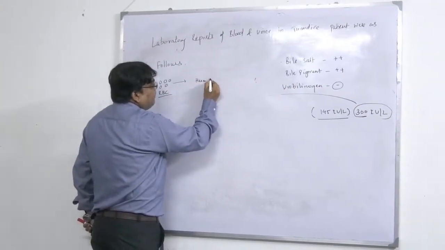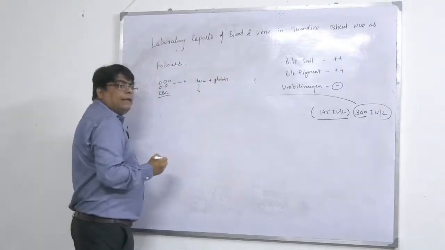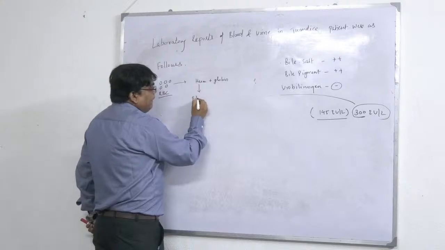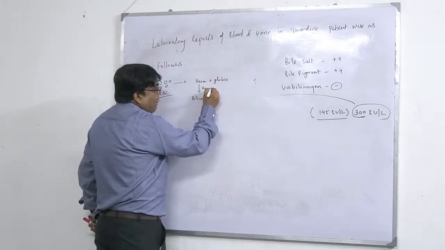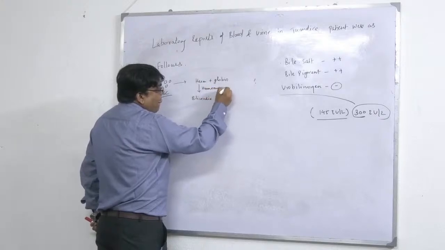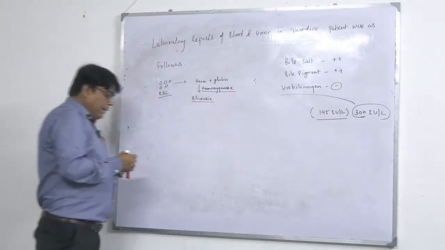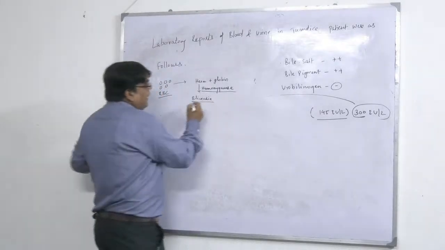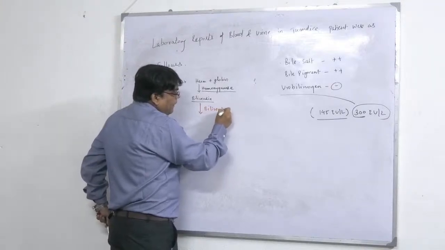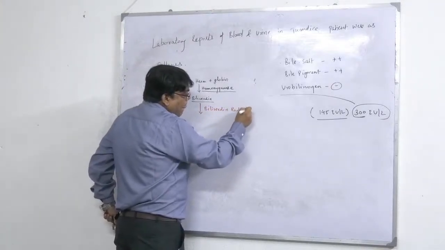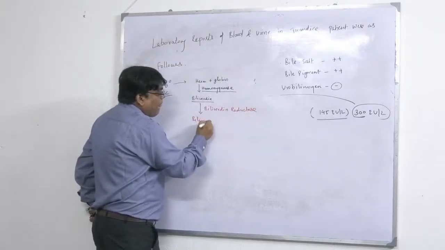The first is heme plus globin, and the heme is broken down into biliverdin by heme oxygenase activity, and then by the enzyme biliverdin reductase, this is converted into bilirubin.